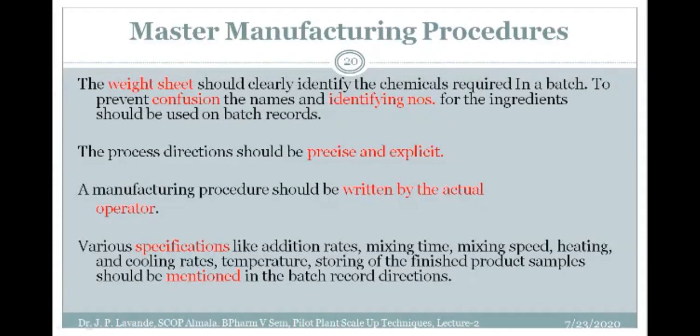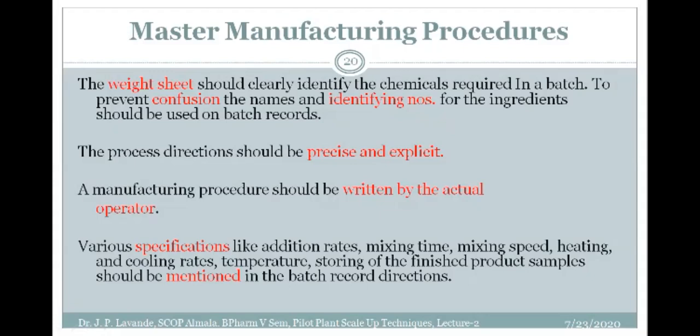So the manufacturing and the operating procedure should be written by the actual operator or the head or the qualified person associated with that. Various specifications like addition rate, mixing time, mixing speed, heating, cooling rate, temperature, storing of the finished product sample should be mentioned in the batch record direction.